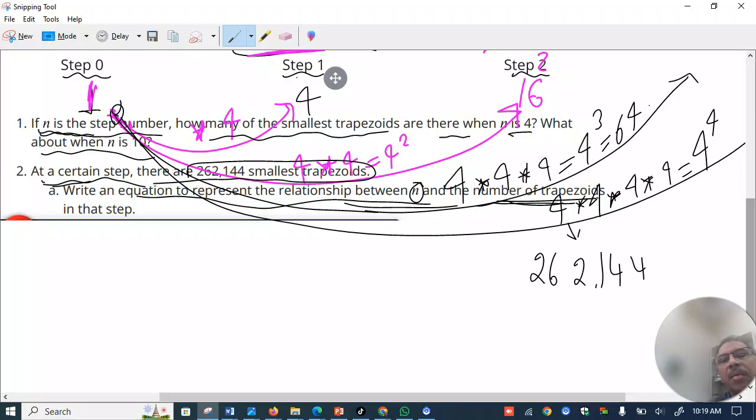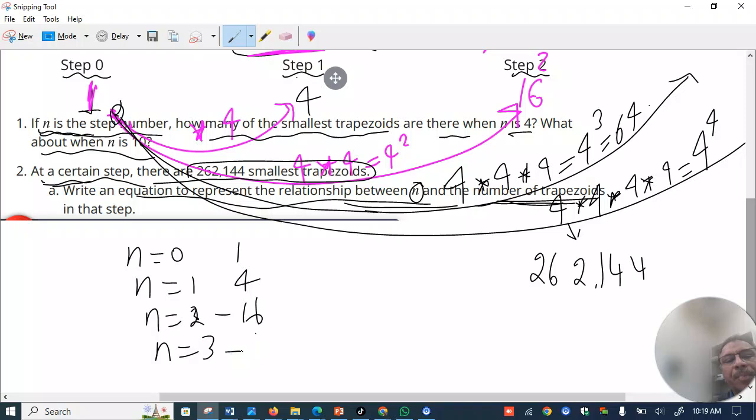So we have seen that if n was 0, there was a 1. If n was 1, step number 1, we saw 4 trapezoids. When n is 2, there were 16, and you can see there is a pattern there. This is 64. When n is 4, then it is 256.